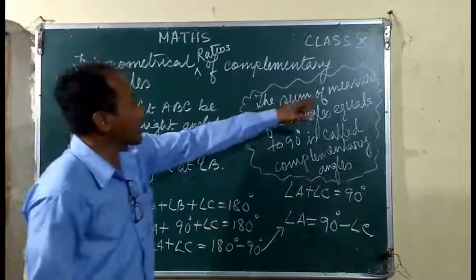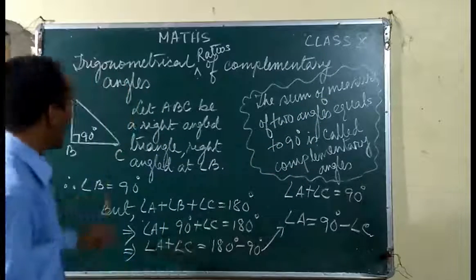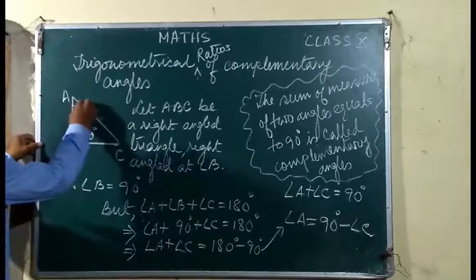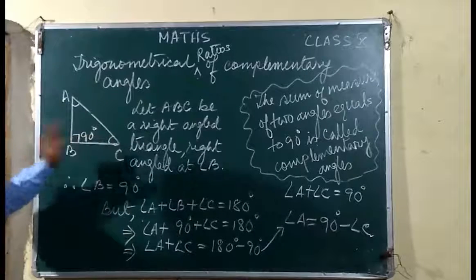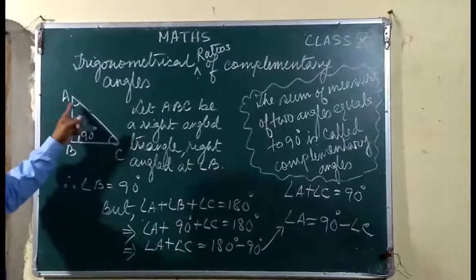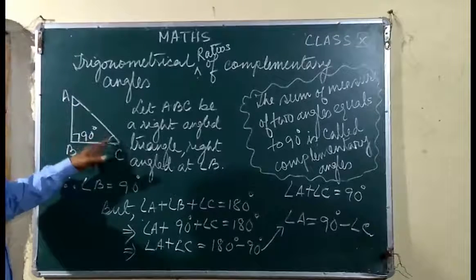So we come to know that the sum of the measure of two angles equal to 90 degree is called complementary angles. So angle A and angle C are complementary to one another. I repeat again, angle A and angle C are complementary to each other.